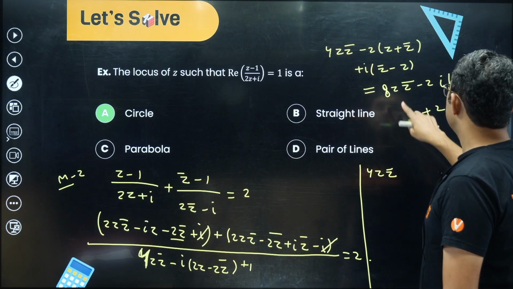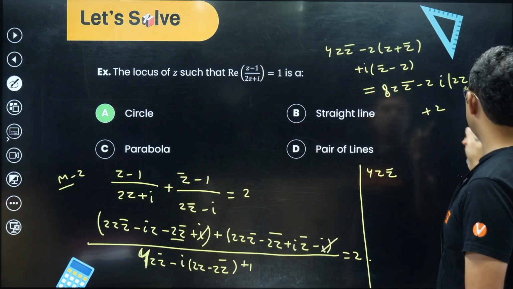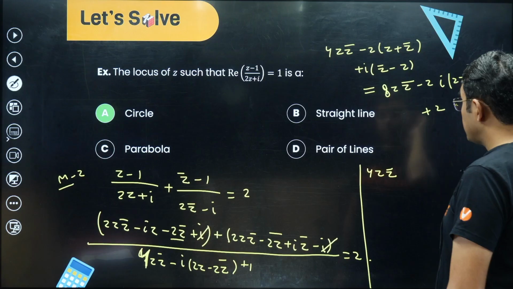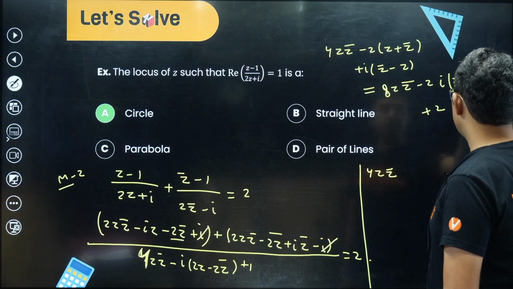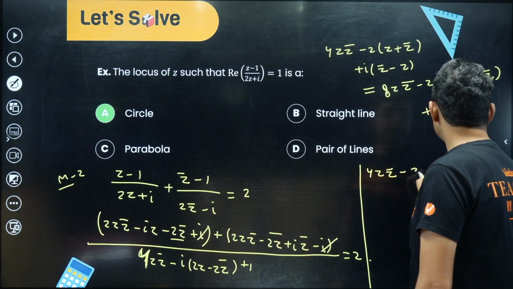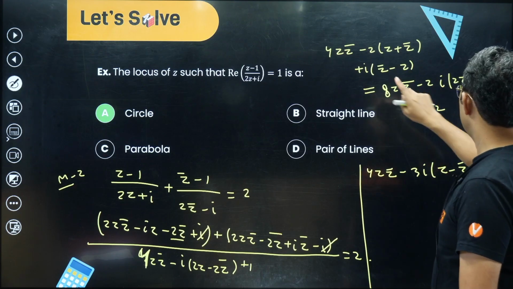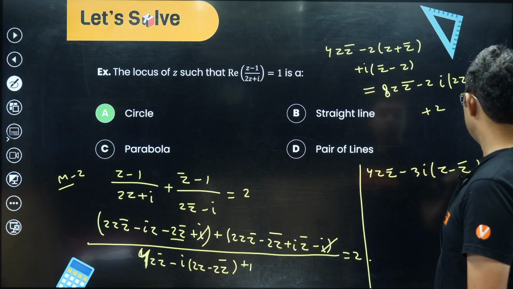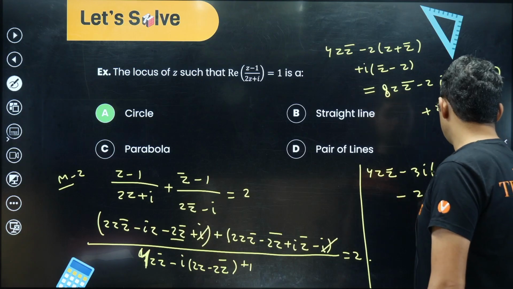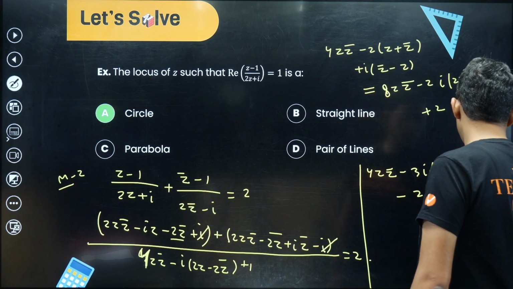This thing, if you bring it here, will also be with a minus sign iota, and this side it will be the same thing as this. So finally what it is becoming is minus 3 iota into (z minus z bar), because minus 4 iota, and this will be plus iota when you bring it this side, and minus 2 into (z plus z bar), minus 2 equal to 0.